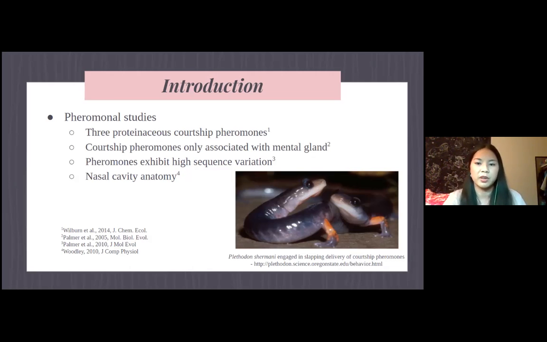Just to go along with that, their nasal cavity anatomy does allow them to pick up and respond to volatile cues in the environment. Specifically in their nasal cavity, they have 2 different organs. The vomeronasal organ, which is responsible for receiving and interpreting non-volatile cues, and then the other organ, which is used for receiving and interpreting volatile cues.